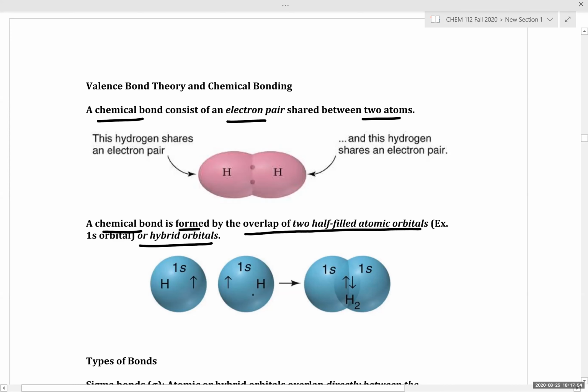So we have our two half-filled hydrogen 1s orbitals overlapping to form a bonding molecular orbital. Okay, two half-filled orbitals overlap to form a bond and a bonding orbital.